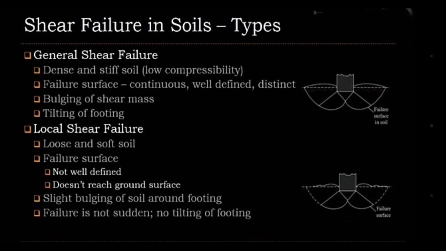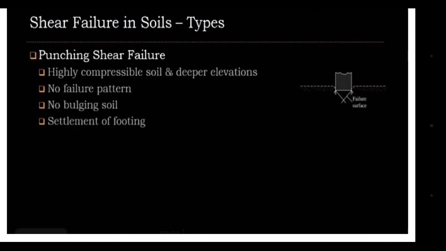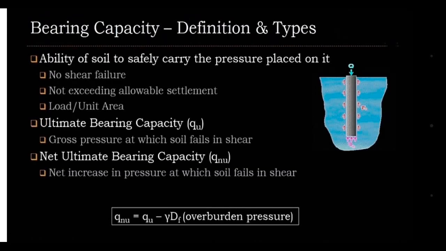It occurs where loose and soft soil is present: failure surface is not well defined and doesn't reach the ground surface, there is slight bulging of soil around the footing, failure is not sudden, and there is no tilting of footing. Third is punching shear failure. It arises in highly compressible soil and at deeper elevation: no failure pattern, no bulging of soil, only settlement of footing.